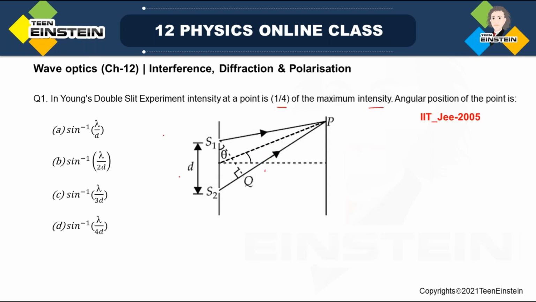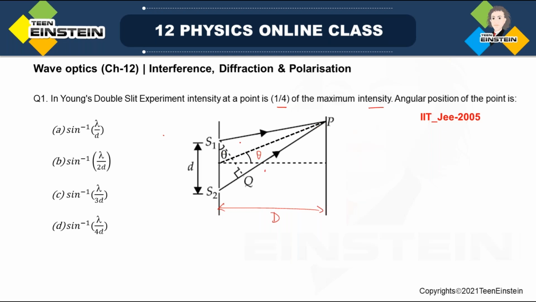See, Young's double slit scenario is something like this. There are two slits. Slits are separated by distance small d, and this is the separation between the plane of the slits and the screen, that is denoted by capital D. And look, this angle, if this angle is theta, this must be also theta.